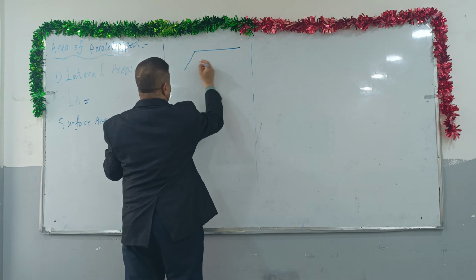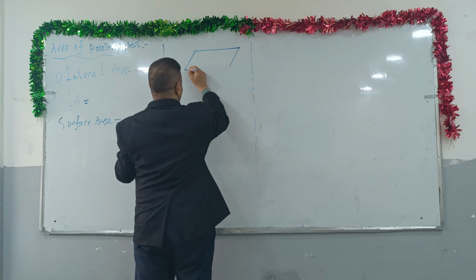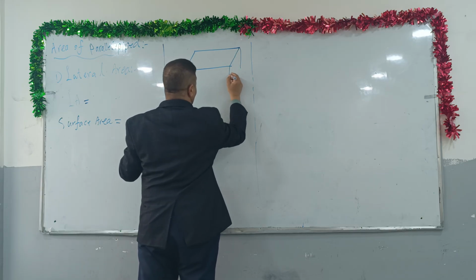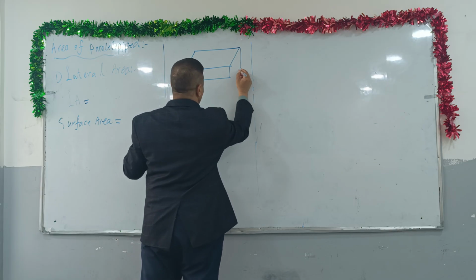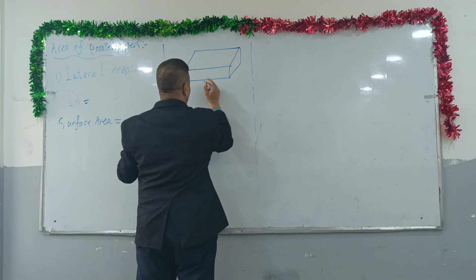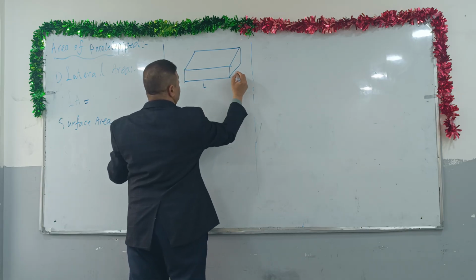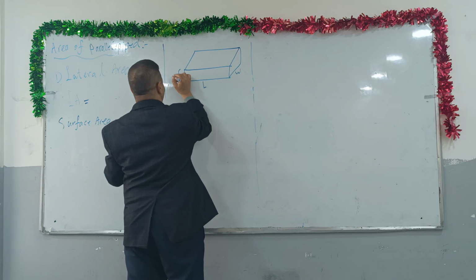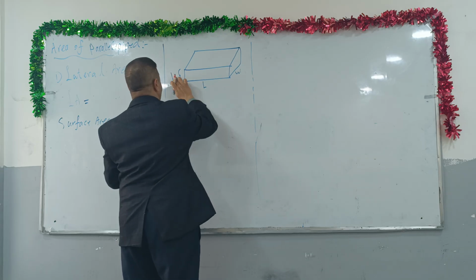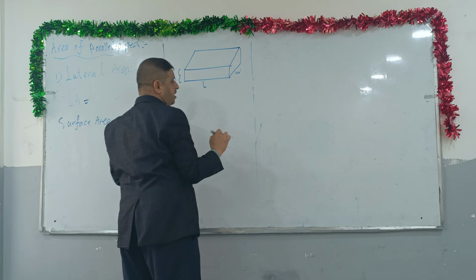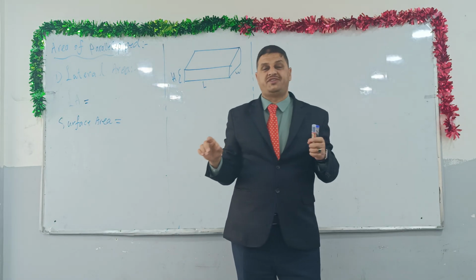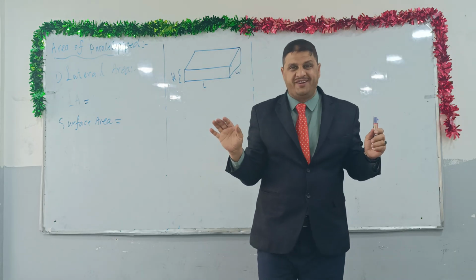The rectangular solid. Look, here is the height, here is the length, here is the width, and here is the height. These dimensions are all different.